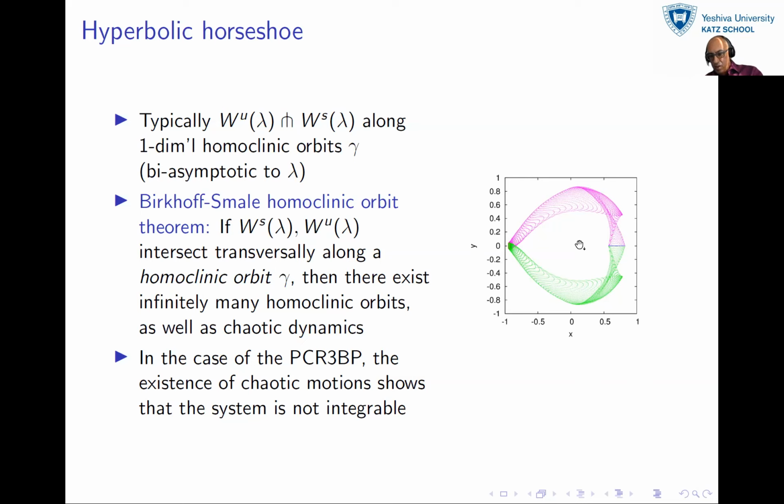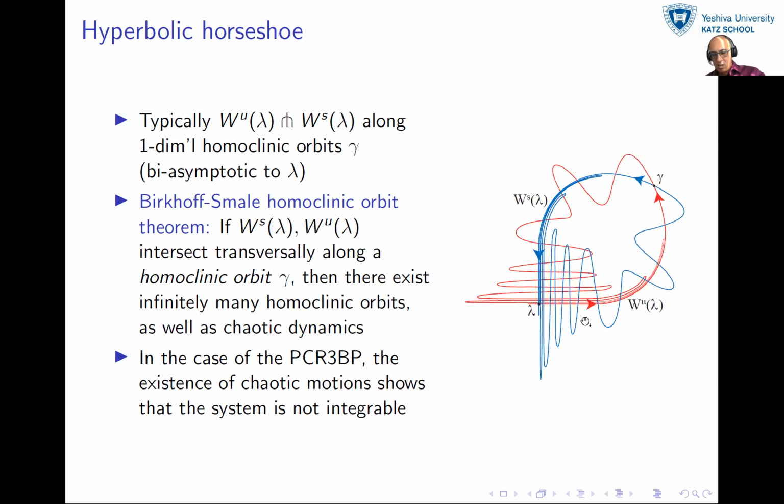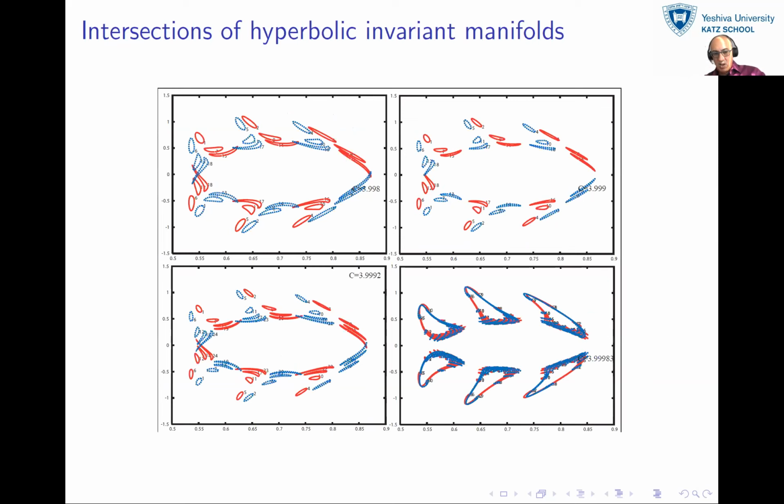So what you have to do is take a slice in the space, which is called the Poincaré section, and find the intersection of the red tubes and the blue tubes. And in the slice, when the red tubes and blue tubes intersect, you can confirm that you actually have a homoclinic trajectory. And you see in these pictures, which are done for different energy levels, you have lots of them. And there are many more than the eyes can see.